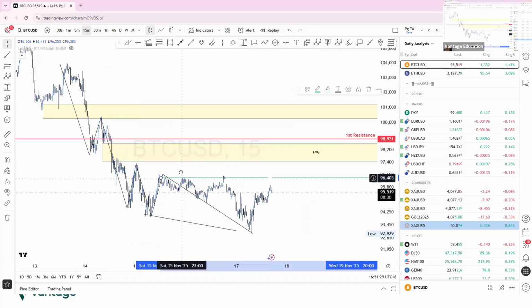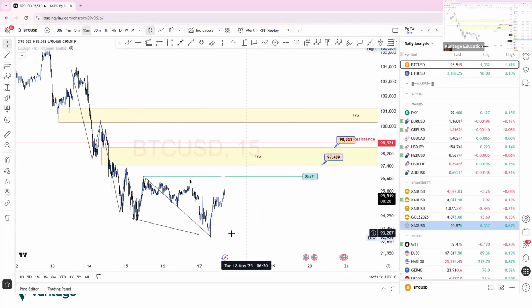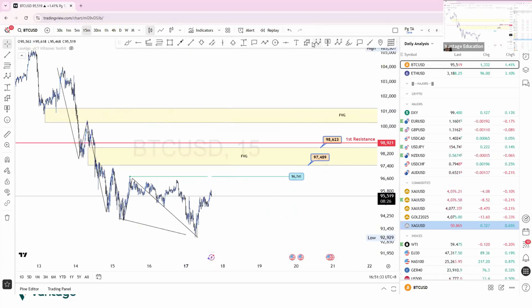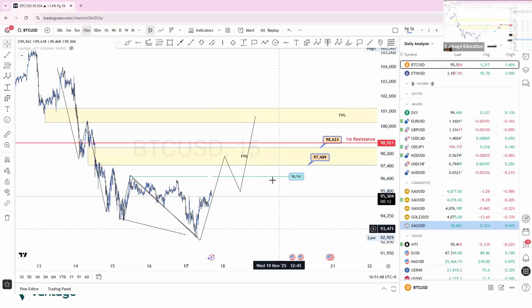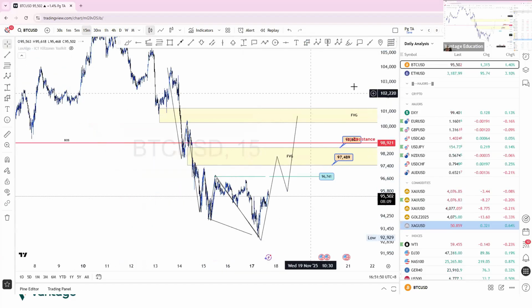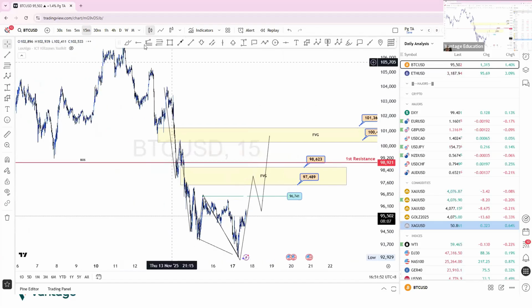Meaning that, like I just mentioned, price needs to close above this level. Then we would say that's gonna be a change of character. Maybe even go here, pull back somewhere here, and then might go to this level, and then falling.